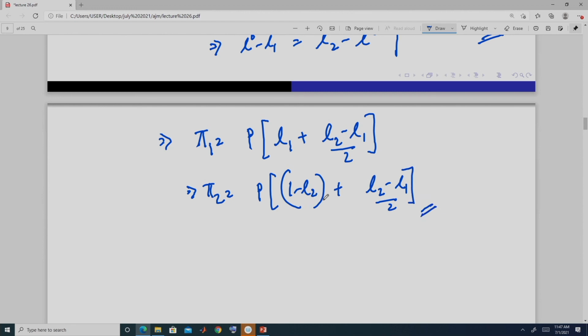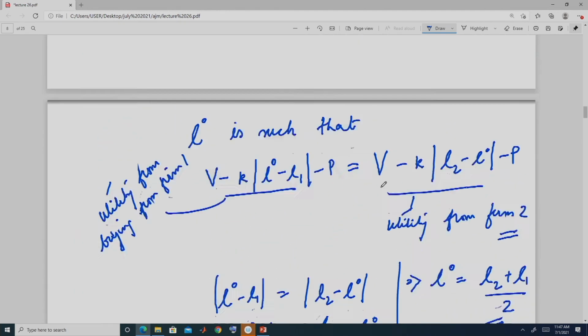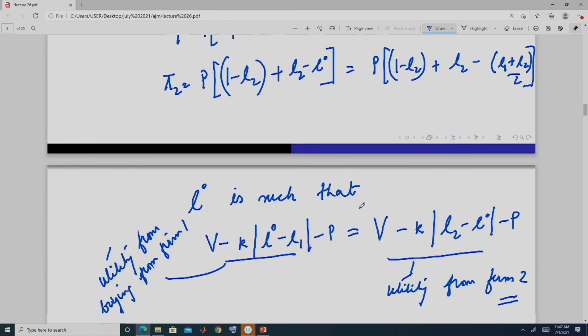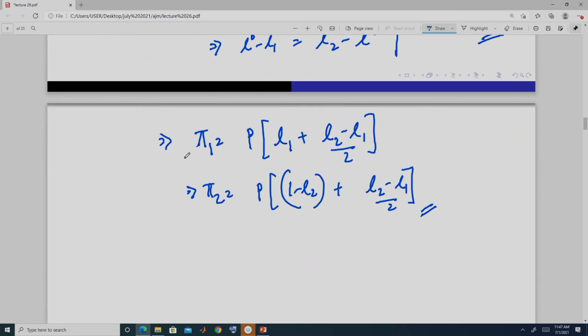Now, the thing is we have to decide the optimal, or the pure strategy Nash equilibrium, L1 and L2. So, how do we do that? So, we have found this as the given sum of L1 and L2.